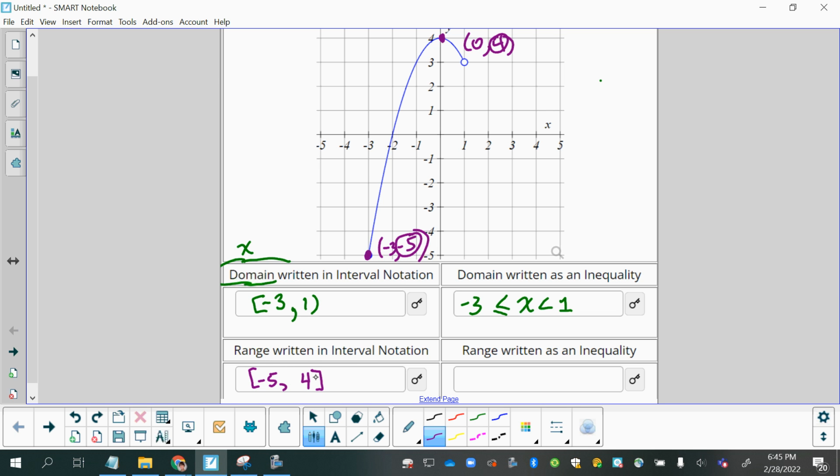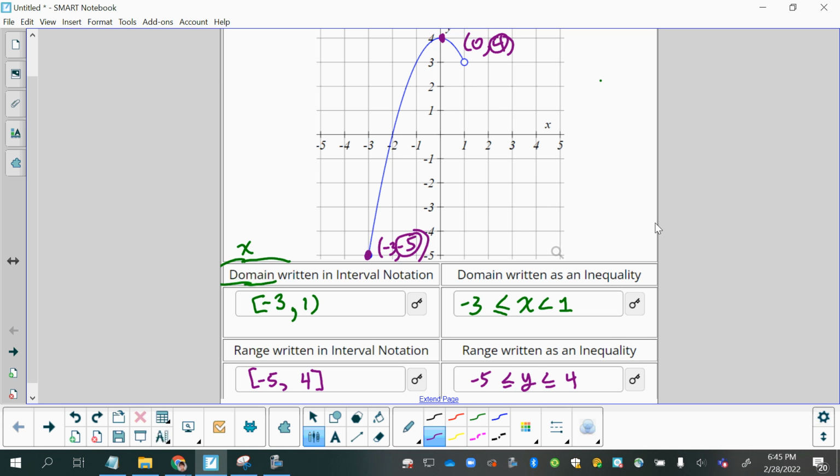Now to write that as an inequality, I'm going to say that y is in between -5 and +4 and including those endpoints. Now another way that you could look at this is you could imagine this function flattening out on either axis.